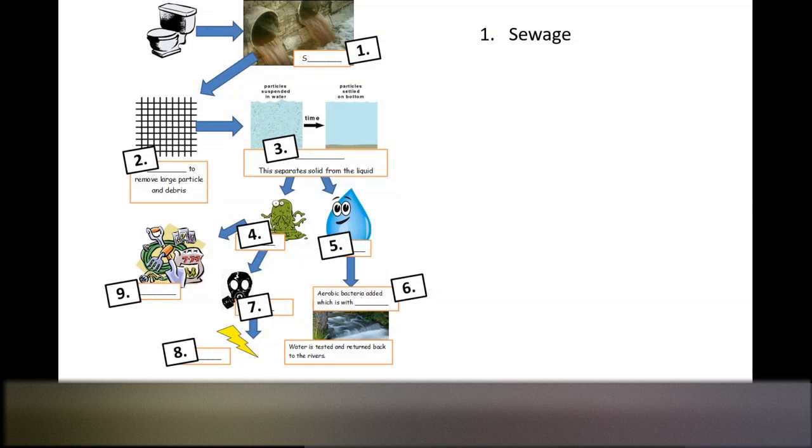What is your word for 2? Good. Okay, screening. Screening happens to remove large particles and debris.